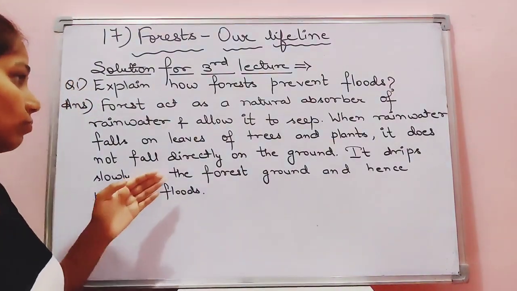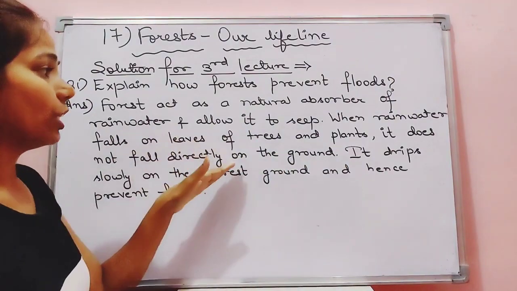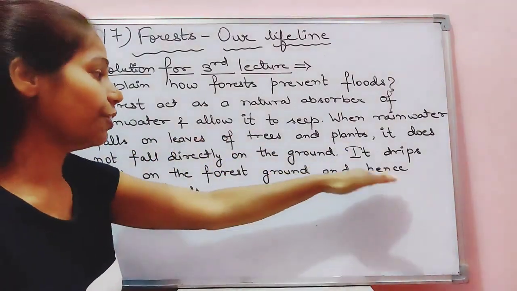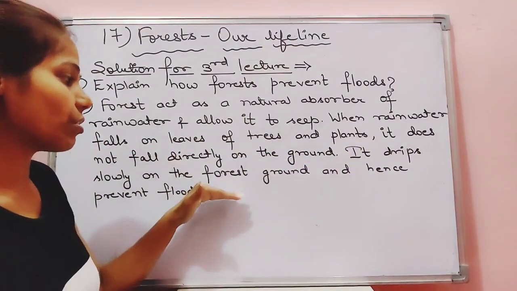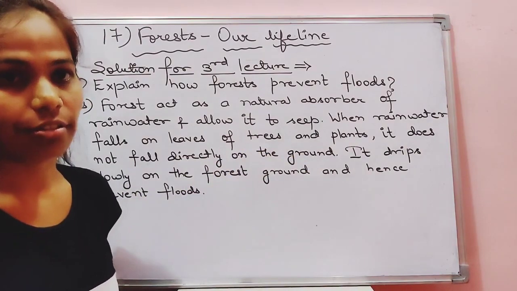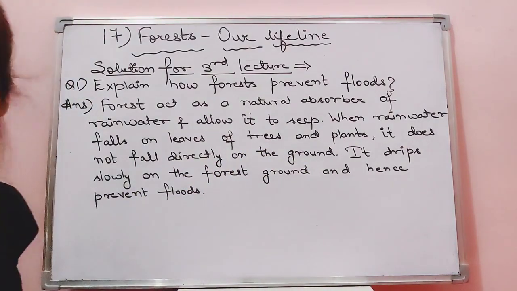When rainwater falls on the leaves of trees and plants, it does not fall directly on the ground. It drips slowly on the forest ground and hence prevents flood. So this was the first question.